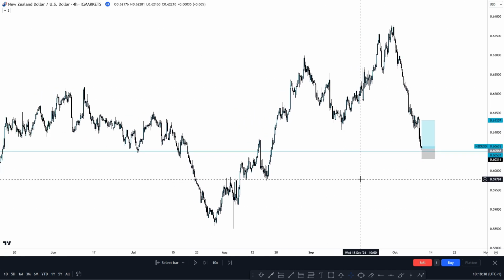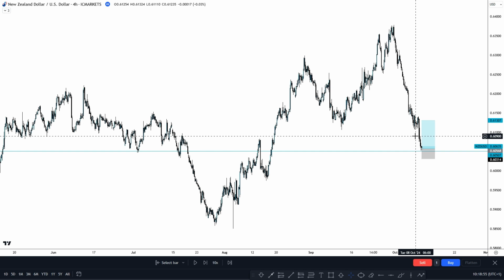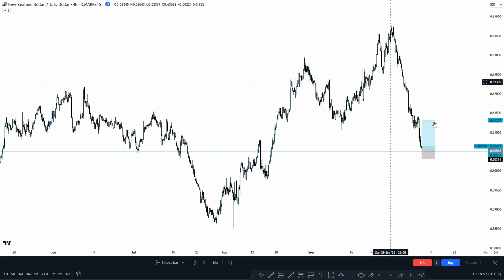The reason for this trade is that because I was expecting a weak dollar, I was looking at the currencies across the board to see which looked like the best trade for a buy. What I noticed about New Zealand dollar, US dollar is that price was heavily overextended to the downside with not many pullbacks.